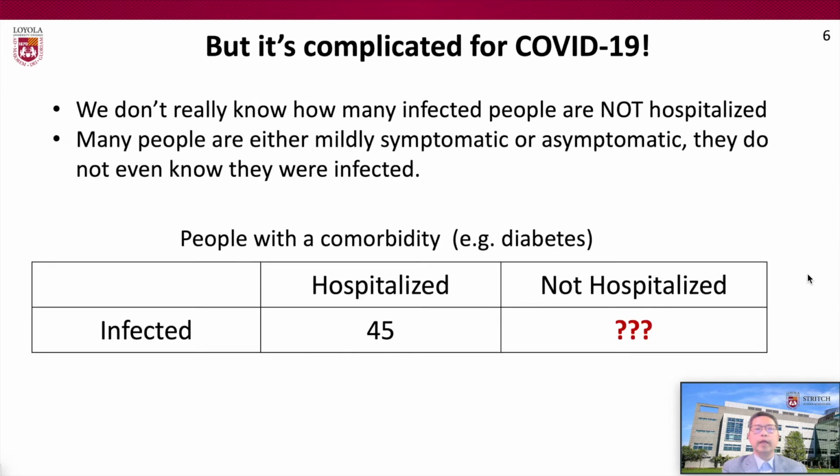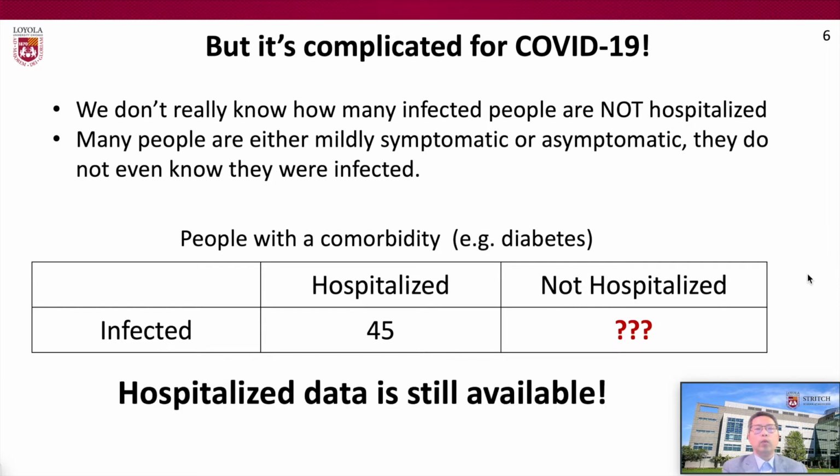But it's complicated for COVID because we don't really know how many infected people are not hospitalized, since many non-hospitalized people have very mild symptoms or are even asymptomatic, and they do not even know if they were infected. So the traditional way to estimate the risk, either absolute risk, relative risk, or odds ratio, won't work without this missing or unreliable information. What we do have is data for hospitalized patients.